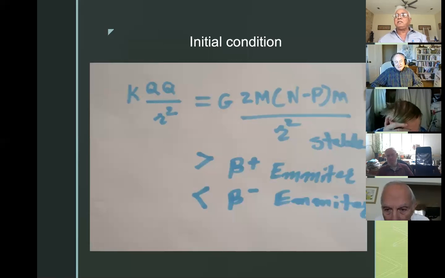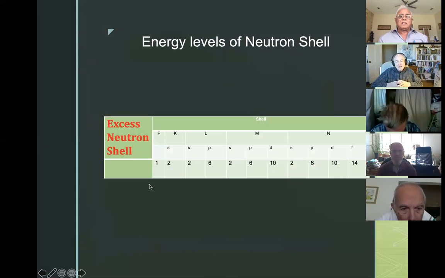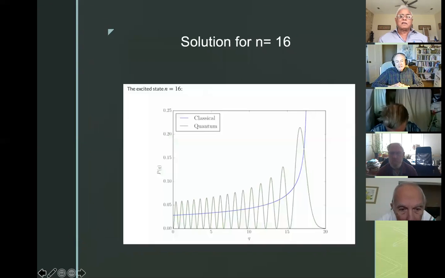Now, when you look at the neutron shell, it can take additional neutrons, and it has resonances, which I showed you in the plot here. See here, there are resonances.